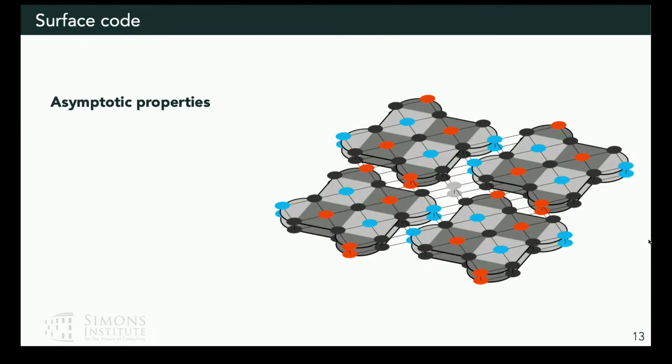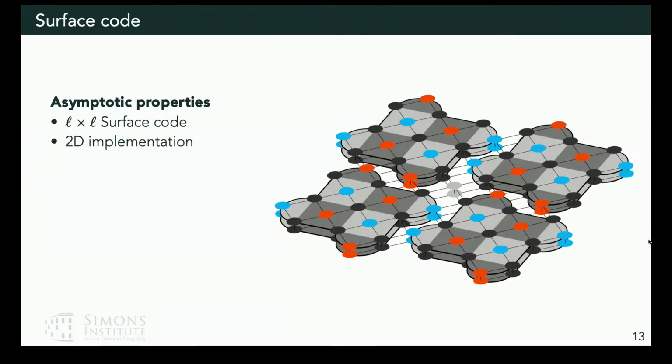So our last ingredient is a surface code. In order to believe the asymptotic result, you only really need to know some asymptotic properties of it. And these properties are perhaps not so surprising. Here I've drawn some surface codes on a lattice to give you an idea of what this looks like.